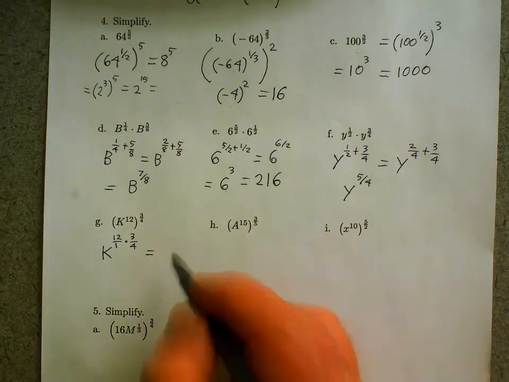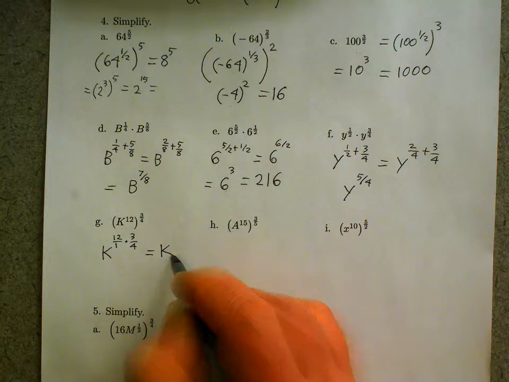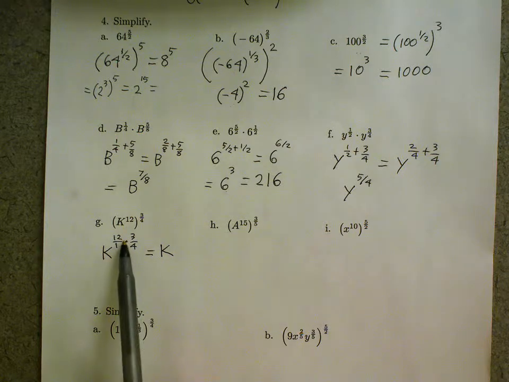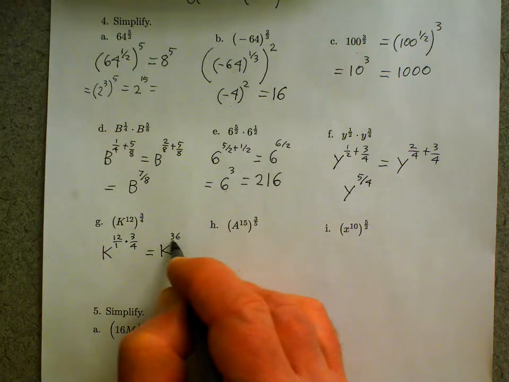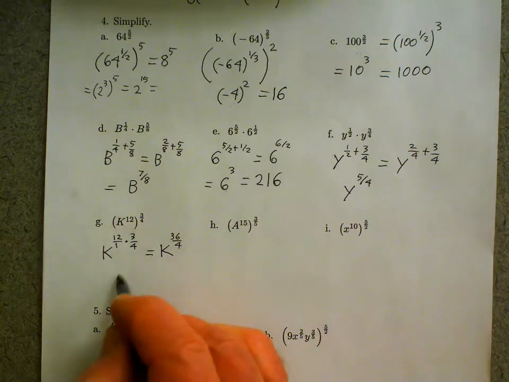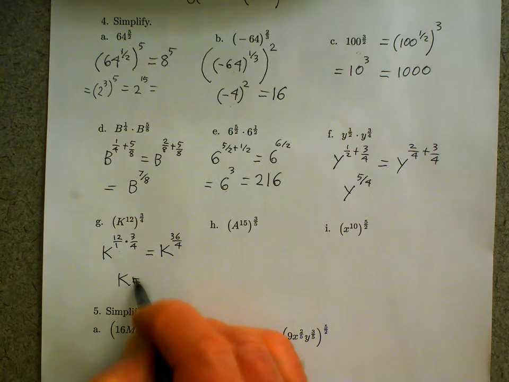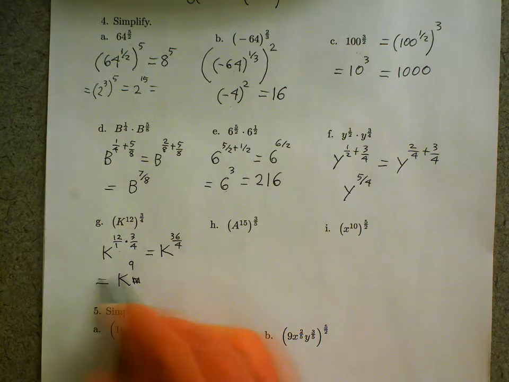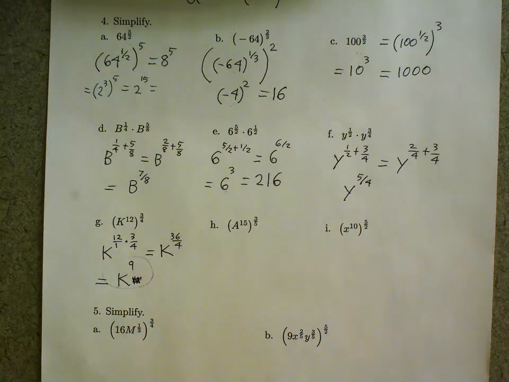And then you can simplify the exponent in a couple of different ways. One way is just to multiply the fractions, 12 over 1 times 3 over 4 to get 36 over 4. And then 36 over 4 simplifies to 9, so we get k to the 9th for our simplified result.